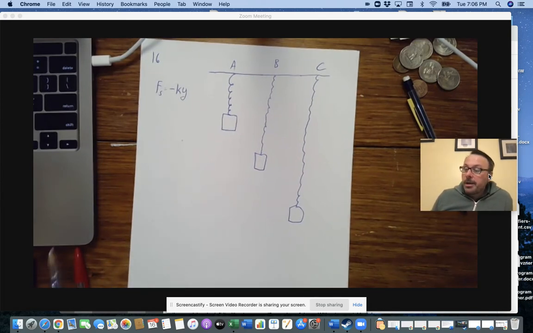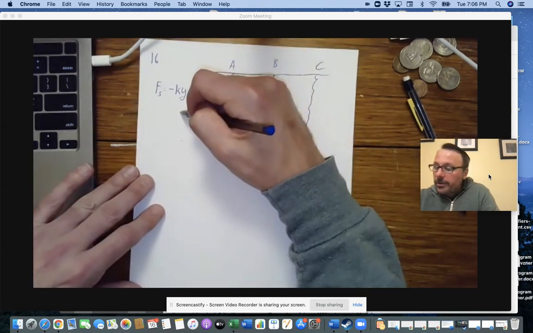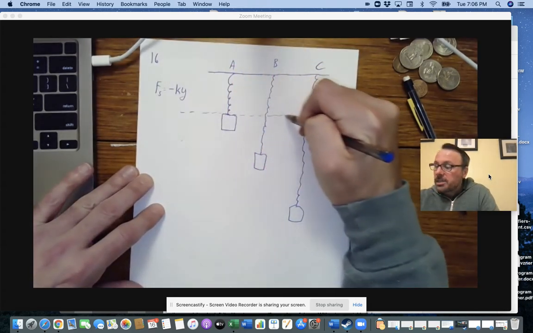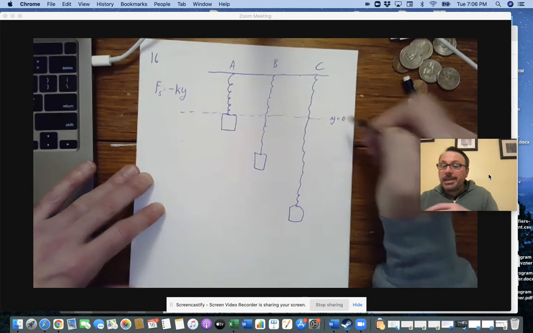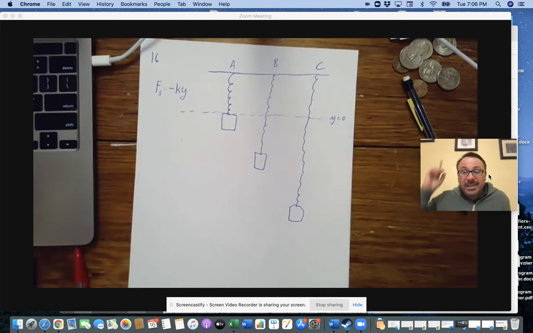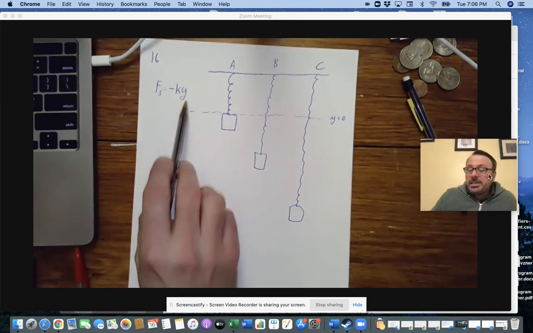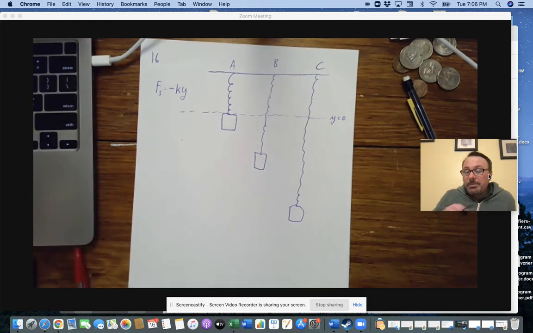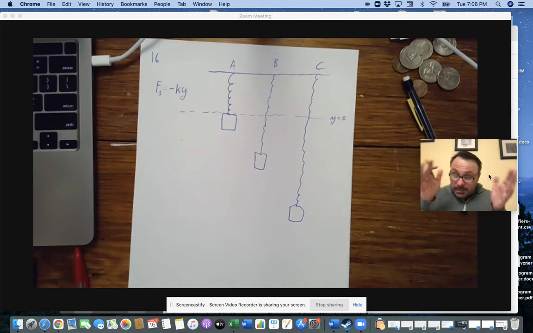But we have to declare y is equal to 0 for the spring force to be here, because by definition, we said in the spring force that this position had to be with respect to the natural length of the spring. So that's a fairly big constraint on this, so this is going to have some interesting implications.